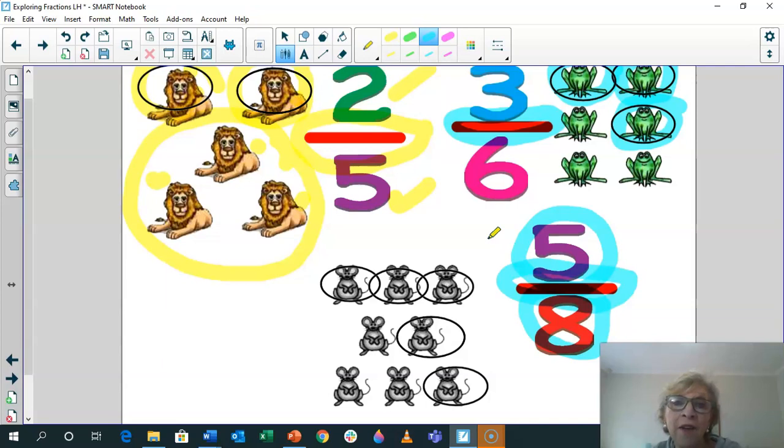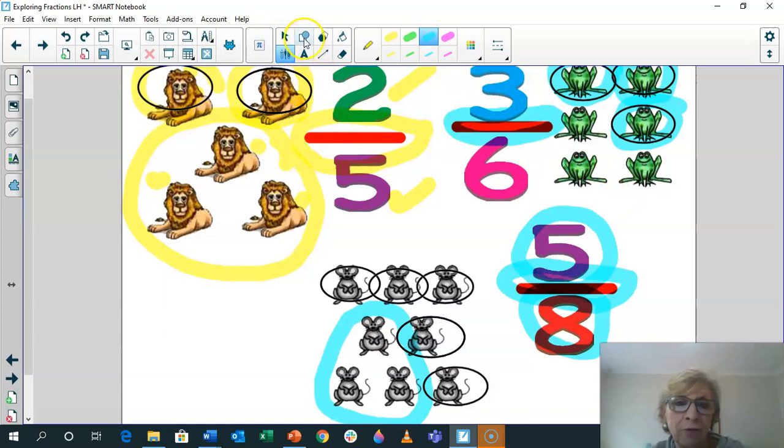So 5/8 of the mice ate cheese, and 3/8, or 3 out of 8 of the mice did not eat cheese. So is that starting to make really clear sense to you, grade 3s? Because it's really important that it does make sense, right?